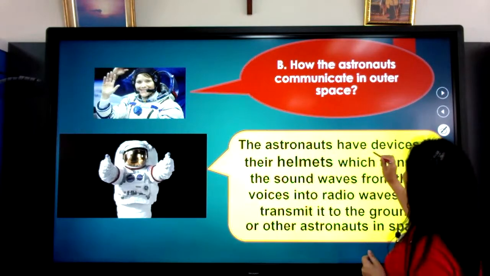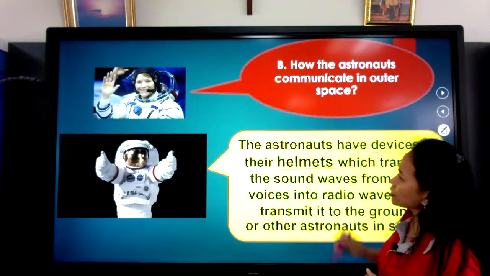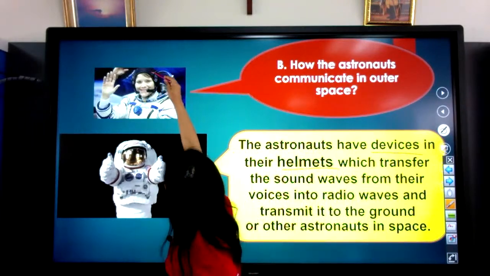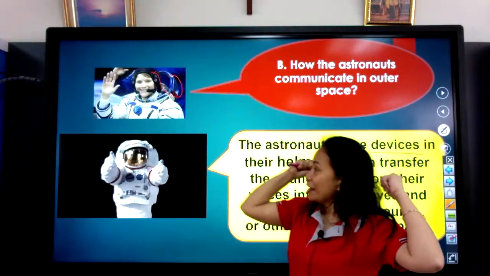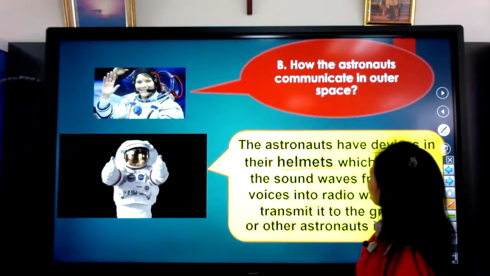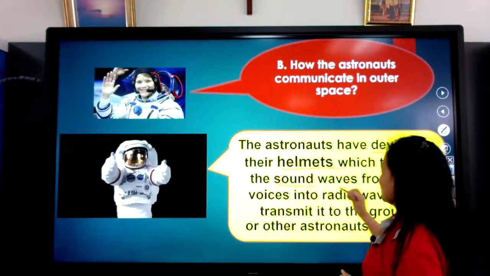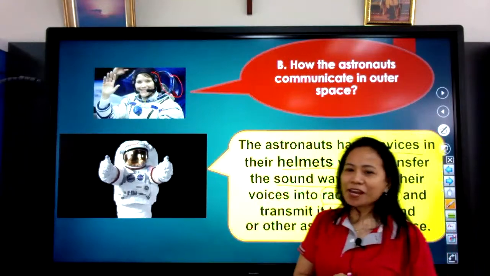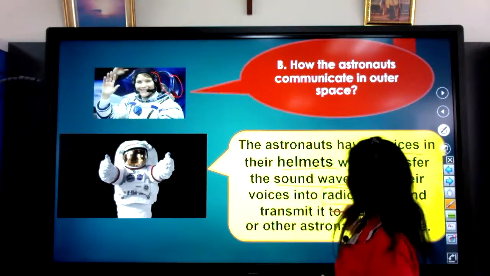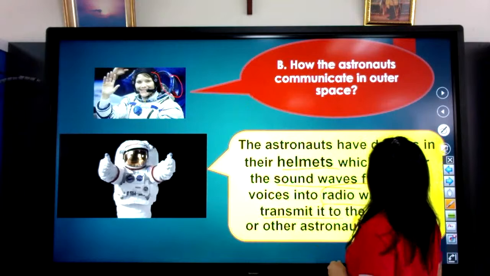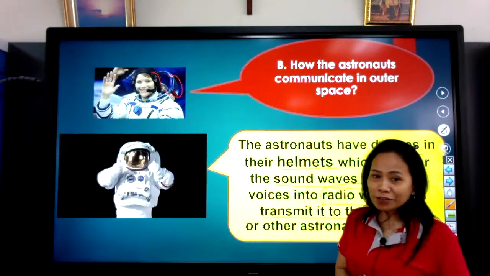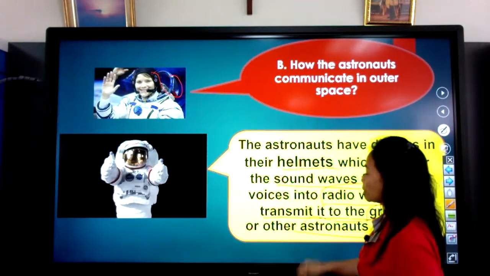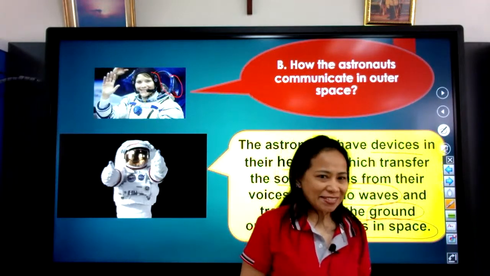They have devices in their helmets. These are the helmets. So they have helmets which transfer sound waves from their voices into radio waves. So you are right because of radio waves, and they transmit not only to the ground, back to the Earth, but also to astronauts in space.